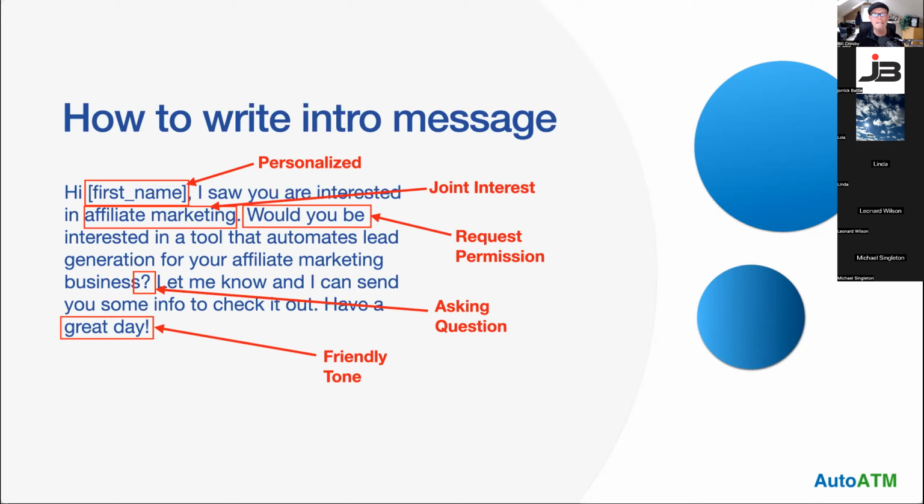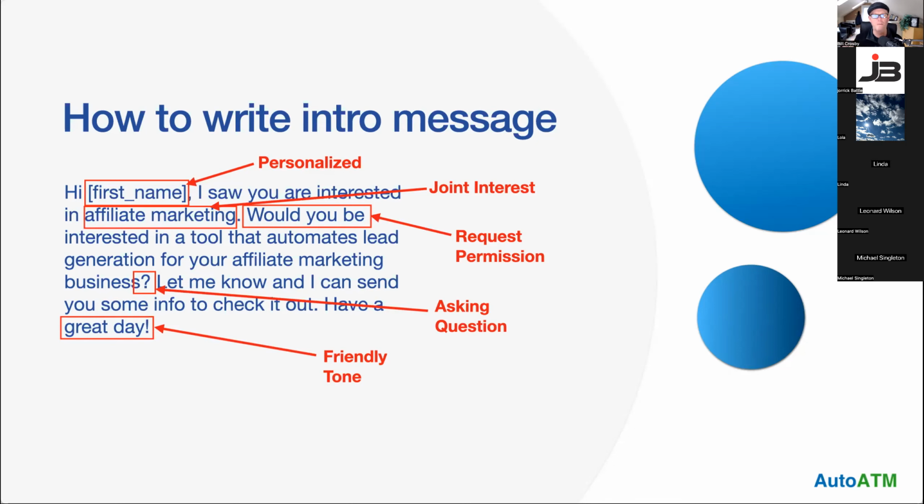So that's sort of the breakdown of what goes into a good intro message: personalization, finding that joint interest, requesting permission, asking a question, nice friendly tone. All right. So you can use this exact thing that you see here. Just replace in there whatever it is that you're marketing, whatever your company is, if it's the product that you're marketing or the company or a combination of those things.